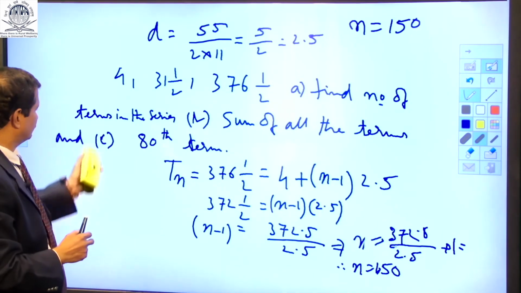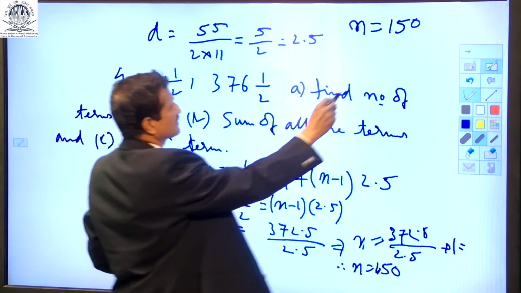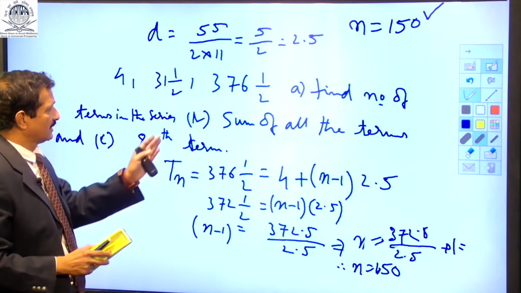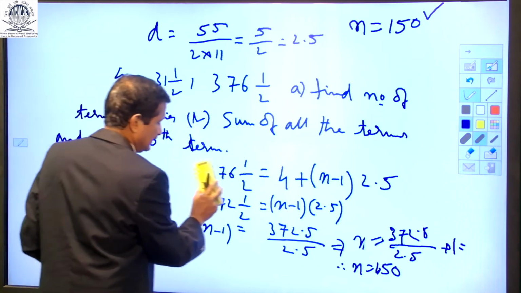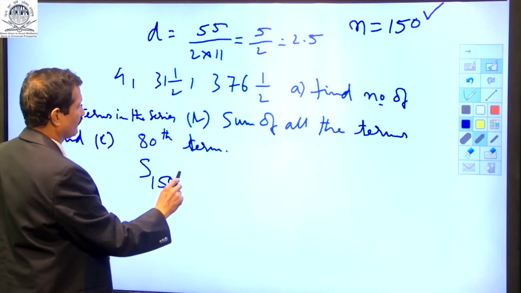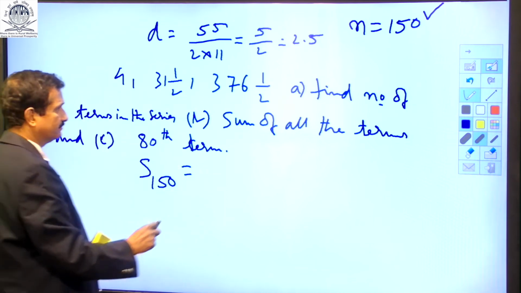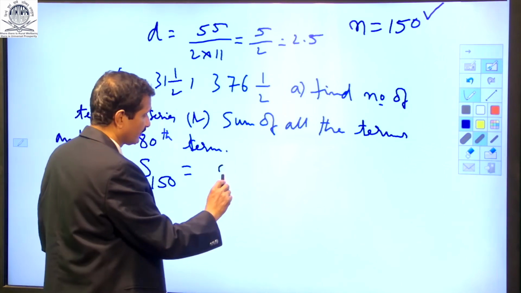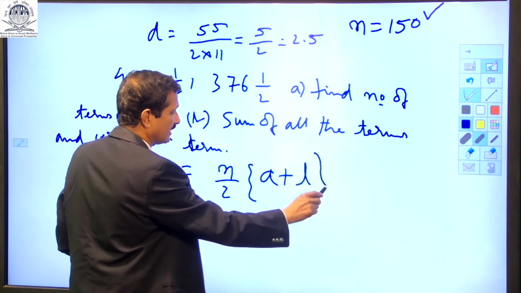Having done that, so we have seen the number of terms, the first question, the answer is 150. Now let us go to the second part of the problem. It is asked to find the sum of all the terms. So we have to find S150. We know that the formula for sum of n terms is n by 2 into A, the initial term, and the last term.